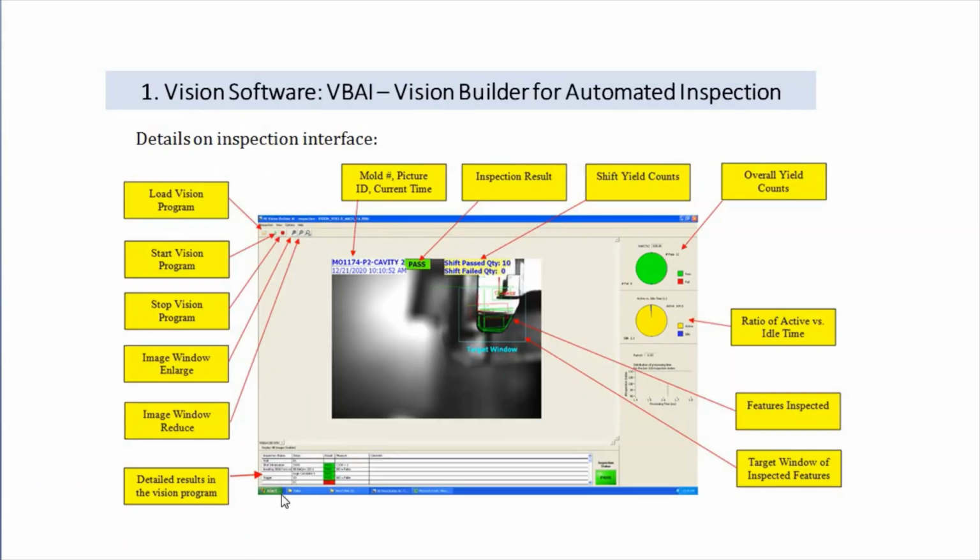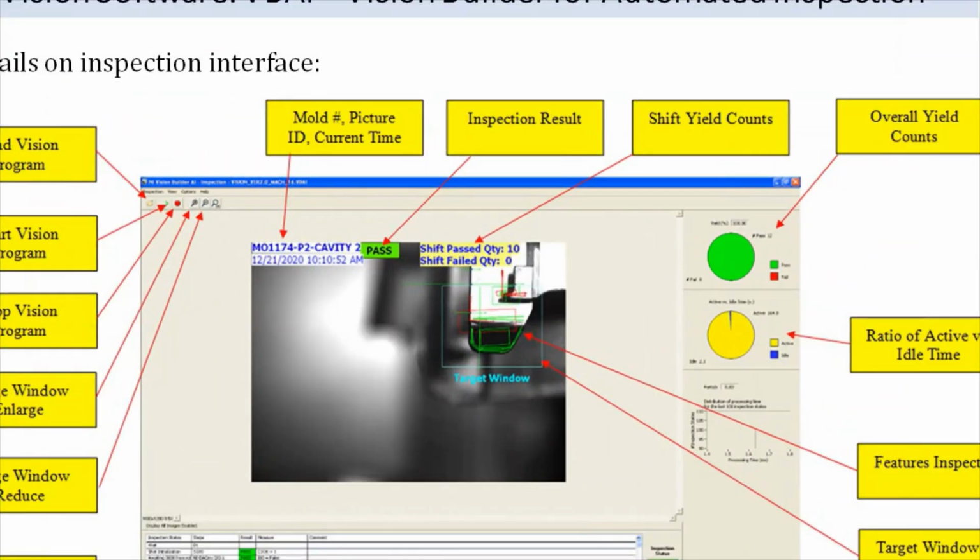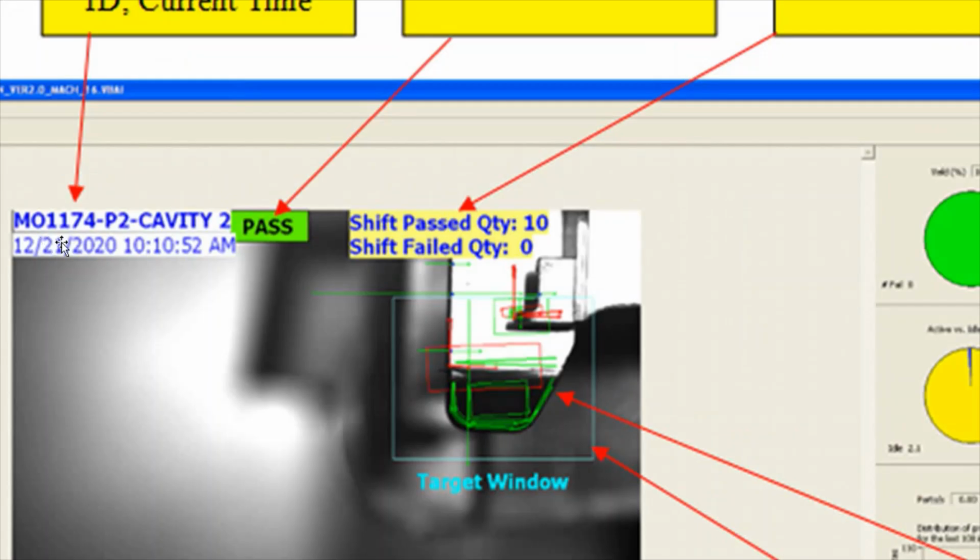Here is some more detailed information of the inspection interface. Showing here is the mode number, and this is the picture ID number. For instance, this is picture number 2. And also here shows the shift passed quantity and the failed quantity.